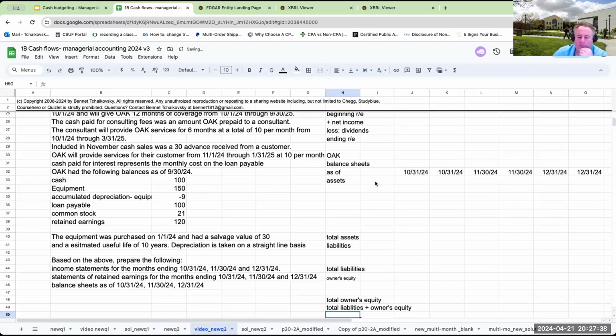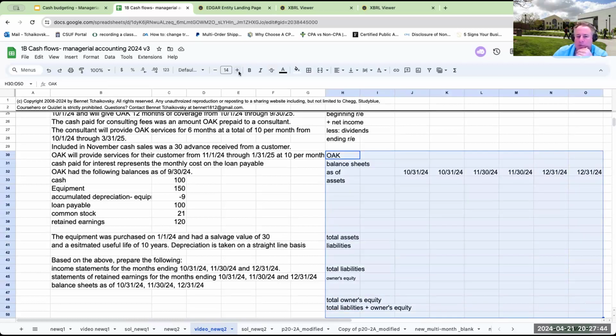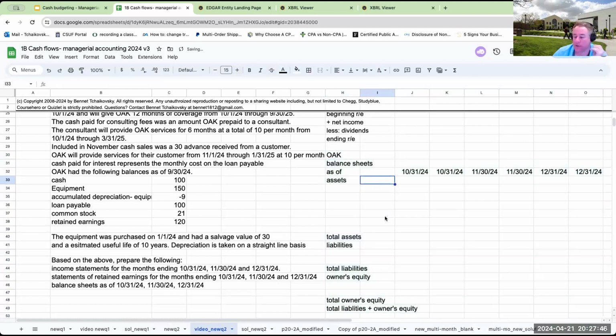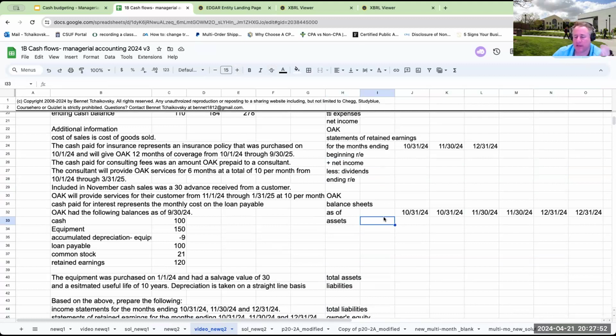So this is essentially what my balance sheet is going to look like. When I'm giving this particular exam, I'm not looking for a classified balance sheet. What does that mean? You do not have to separate things into current versus non-current.